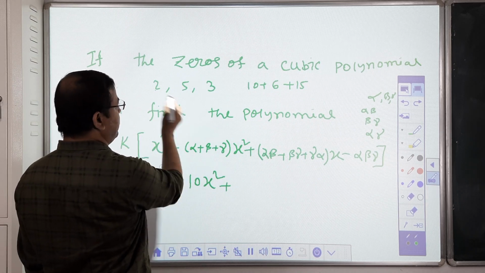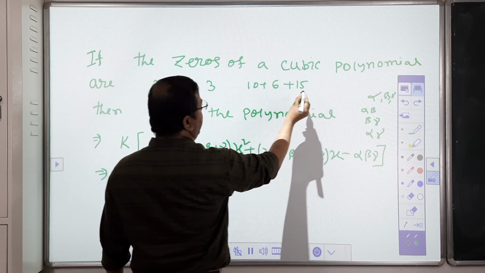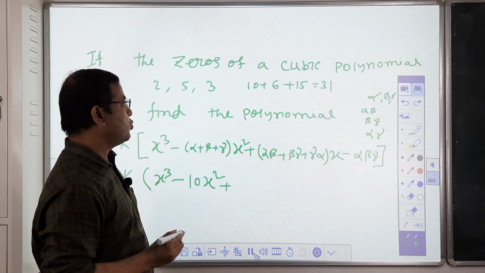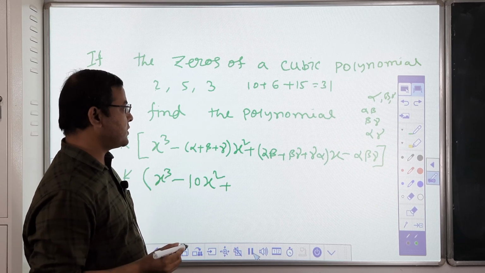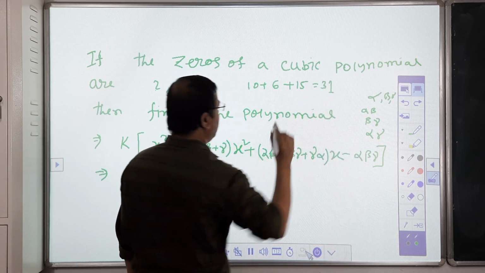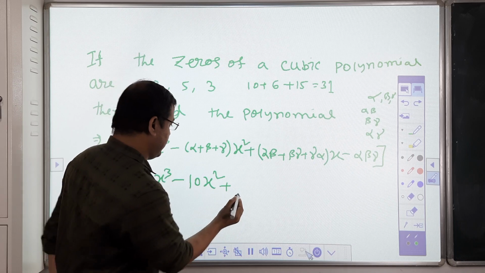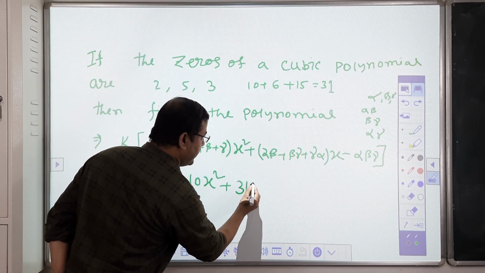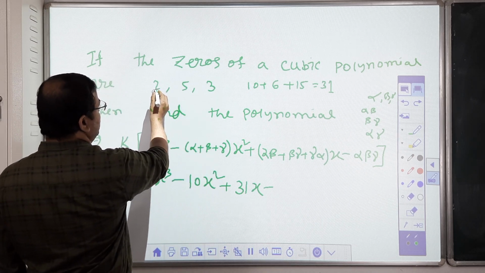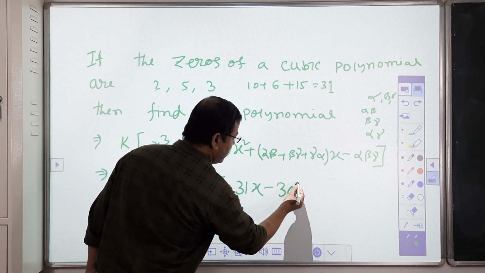That means 25 plus 6, that means 31. That means here 31 into x minus the product of 3 zeros, that means 2 into 5, 10, 10 into 3, that means 30.